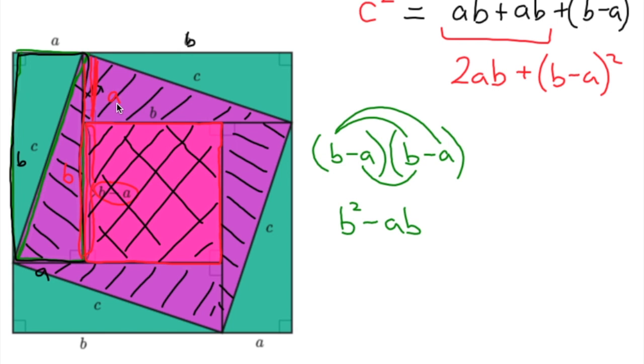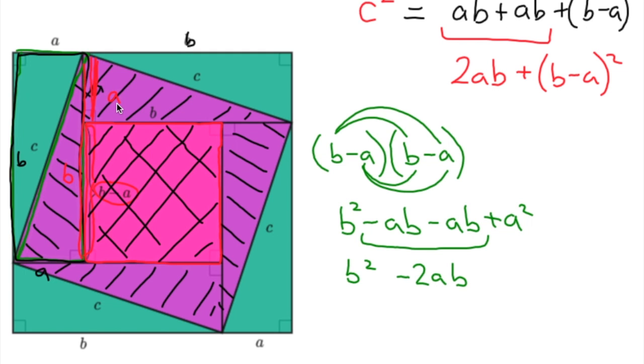Negative a times b is negative ab. And negative a times negative a is positive a squared. We can combine these two negative ab's together to make negative 2ab, and we have b squared on this side and positive a squared on that side.